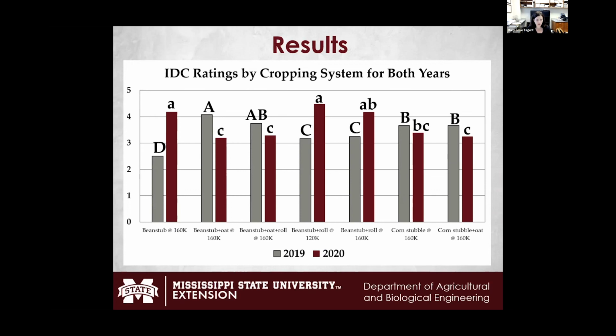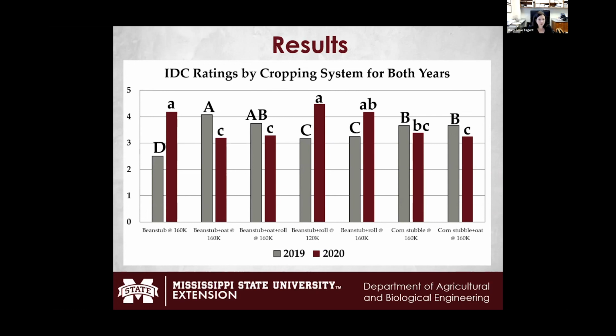So the thing to take away here is that in 2019, the cropping system that rated the best was the soybean stubble at 160,000 planting rate. So here we're looking at the ratings, so that was significantly better. In 2020, we see that 3 cropping systems actually rated higher in 2020 than in 2019.